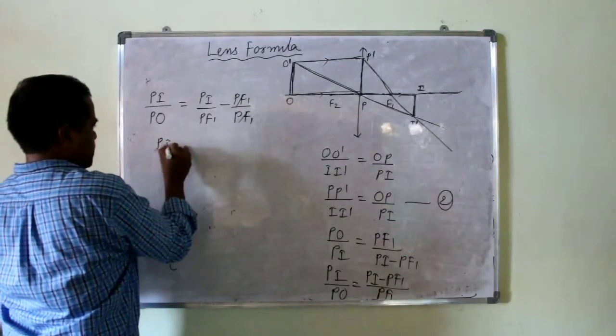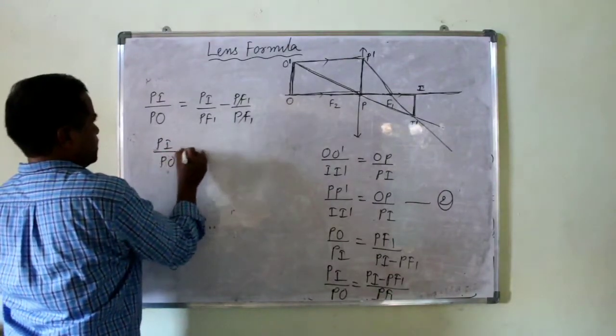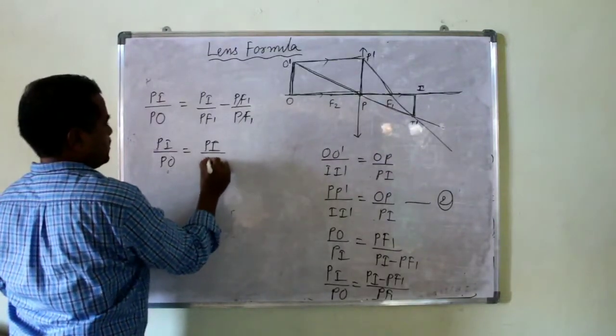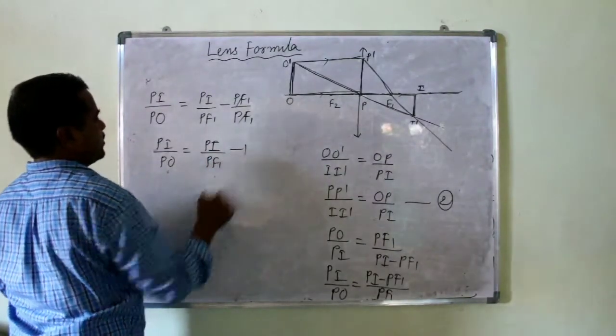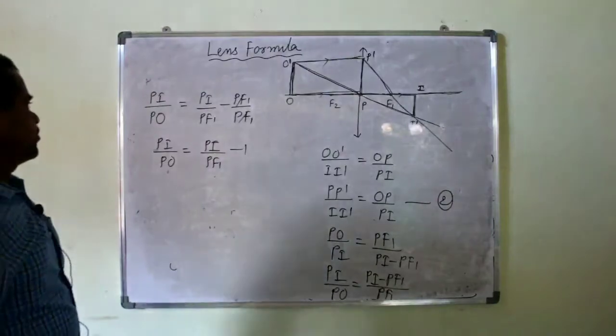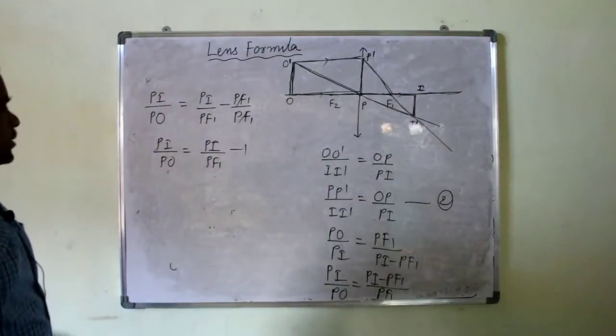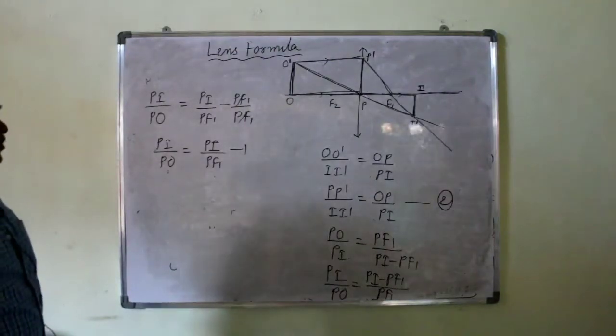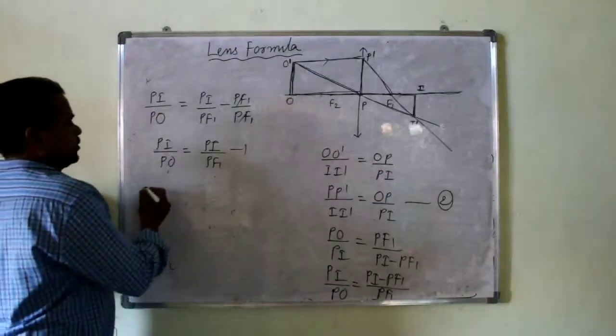So PI by PO is equal to PI by PF1 minus 1.